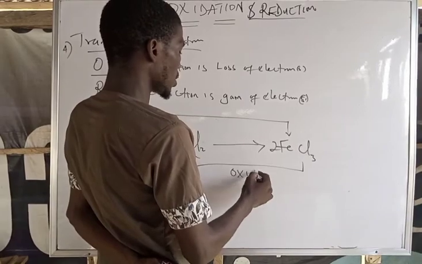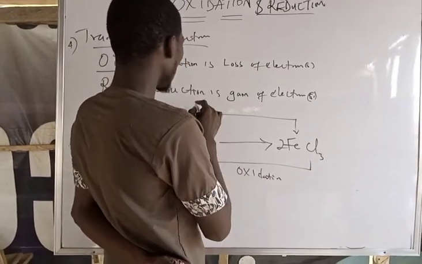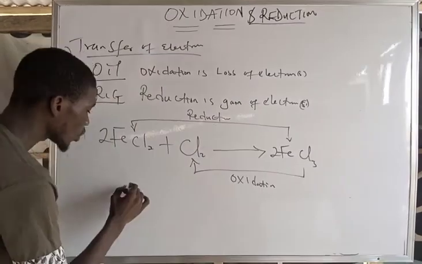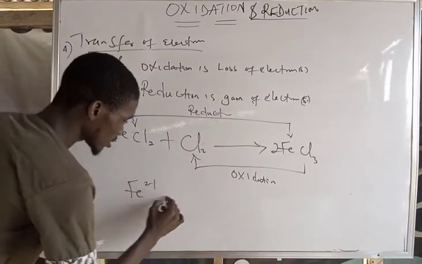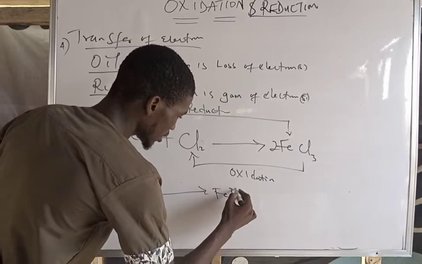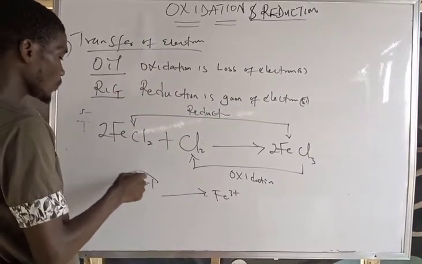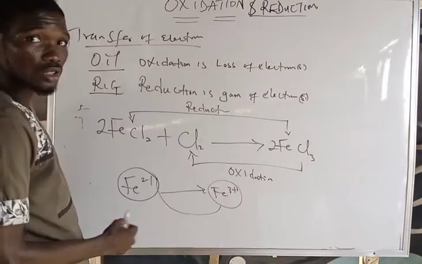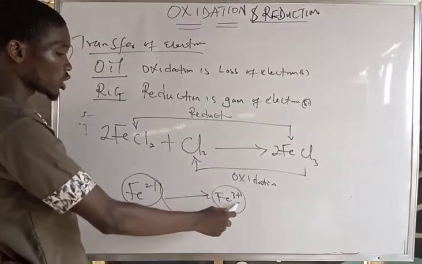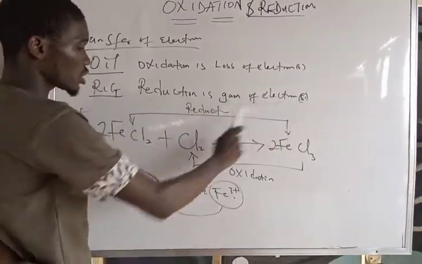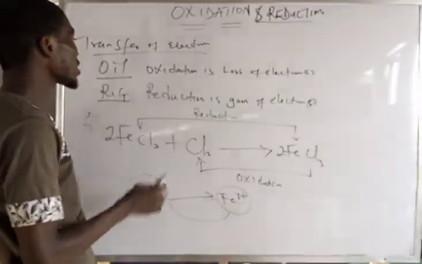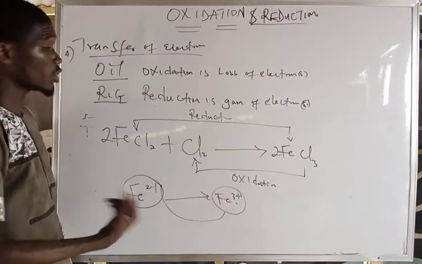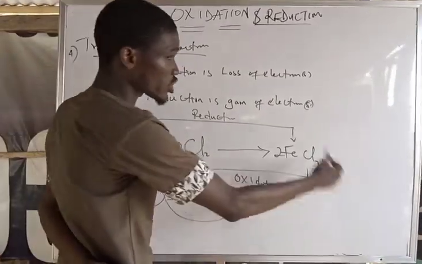Here we have oxidation, while here we have reduction. So now we have Fe2+ to Fe3+. From this to this, you can see from 2 to 3. It tells us that this transfer of electron is correct using this particular equation to explain it.